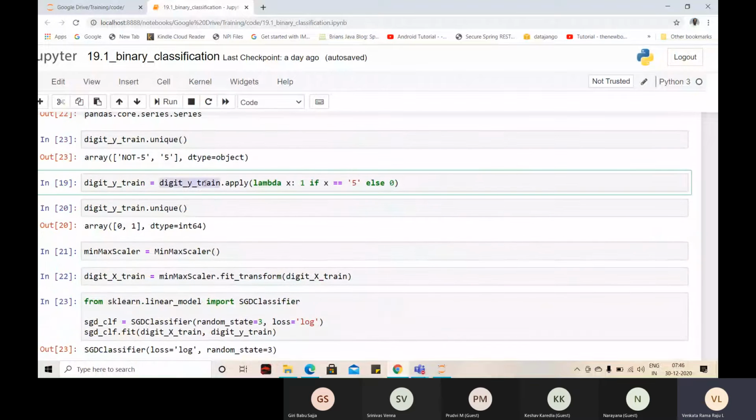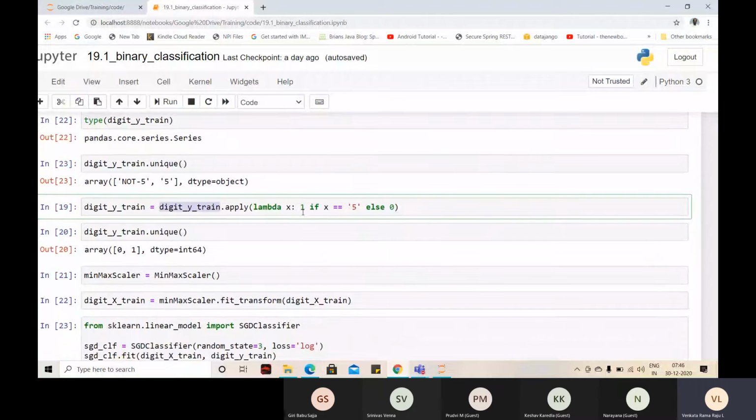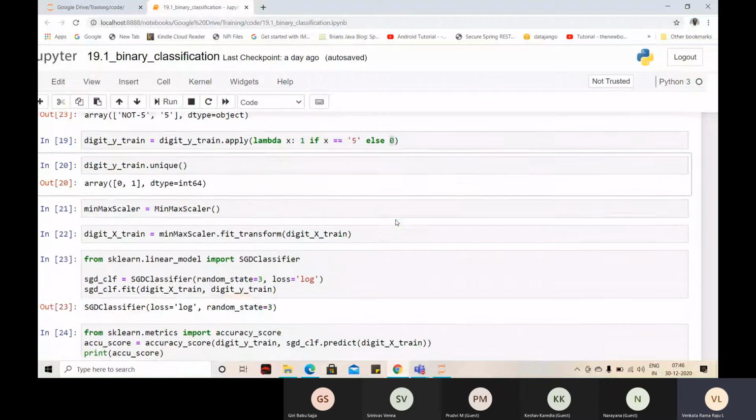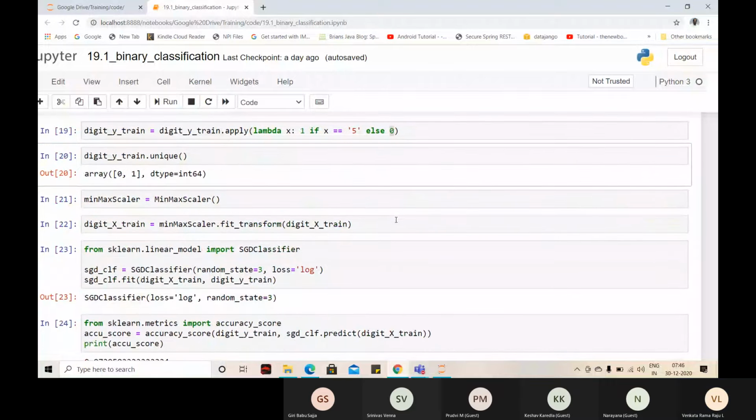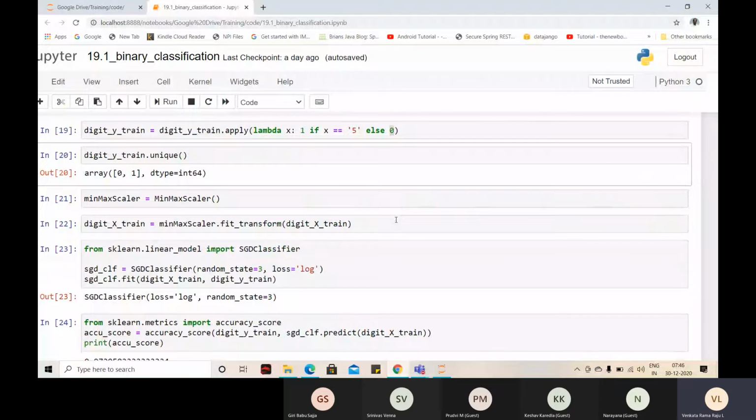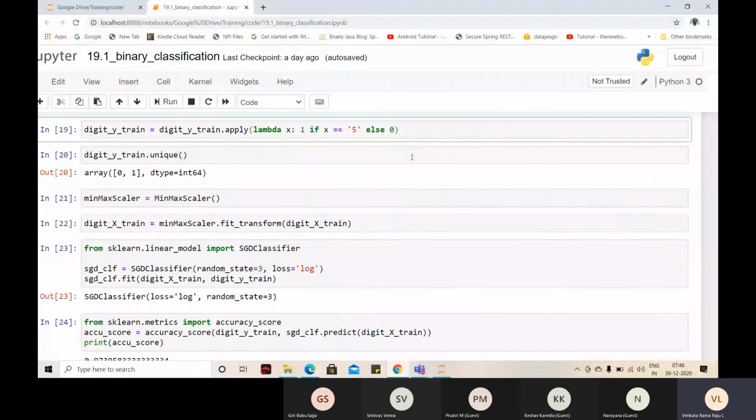And then I converted the target variable into ones and zeros, and I intentionally gave the minority class, the 5 records, 1 and the not 5 records 0, because if you don't do that, the accuracy metrics like confusion matrix, precision, recall, and F1 score also mislead you.